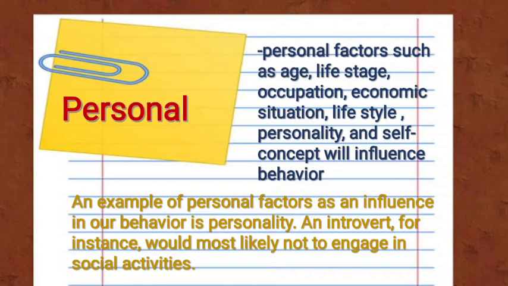So here we have an example of the personal factor as an influence in our behavior, which is our personality. So say for example, an introvert, for instance, would most likely not engage in social activities. So meaning to say, yung behavior niya towards buying products na aligned or consistent sa social activities, hindi siya ganun ka-impulsive, okay?